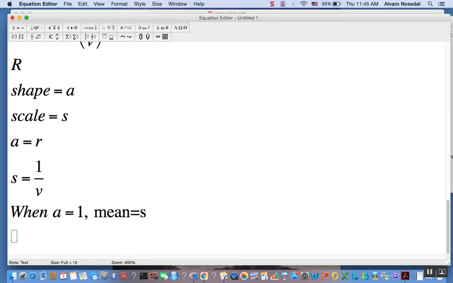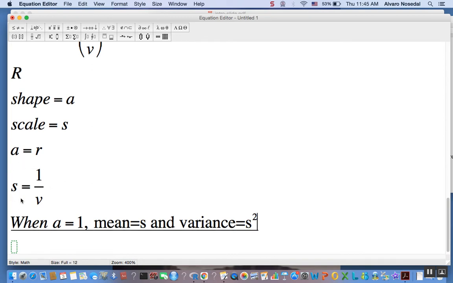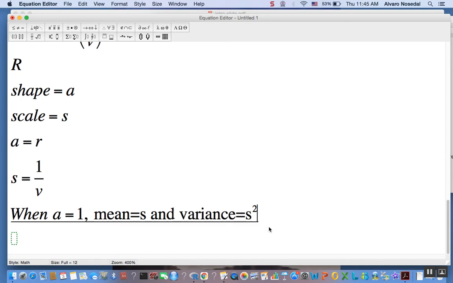Mean equals s and variance equals s squared. Then we end up with what we had with our expression from our textbook, 1 over v squared. So we are in agreement.